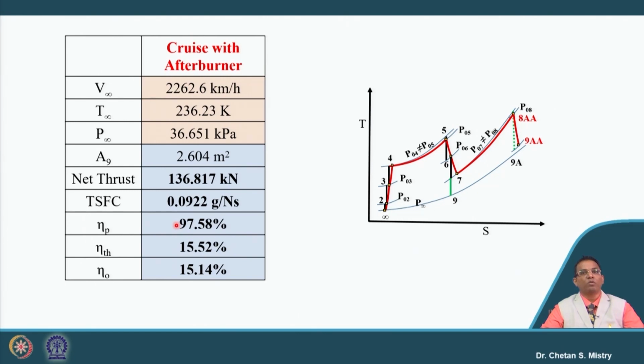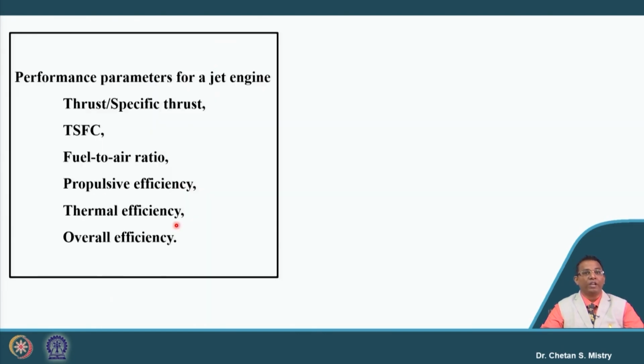Now, let us look at what we need to understand, which is the performance parameters for this engine. These performance parameters are thrust or specific thrust, specific fuel consumption, fuel air ratio, propulsive efficiency, thermal efficiency and overall efficiency.